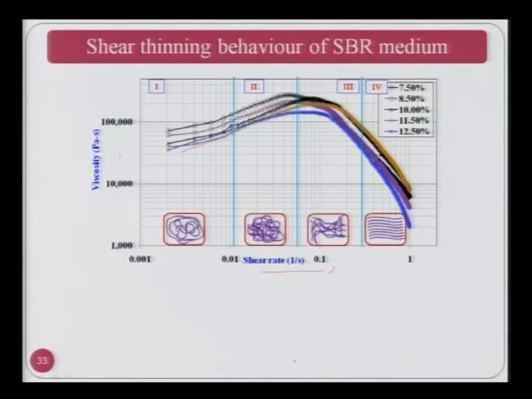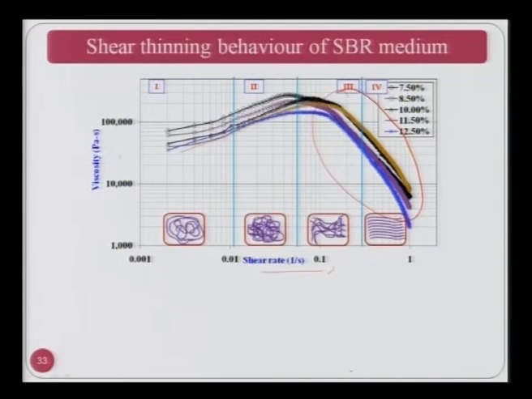Increase of shear rate increases the viscosity, but beyond a certain value of shear rate, it starts decreasing. That means shear thinning behavior starts taking place in this region, and this is able to explain many experimental results obtained in abrasive flow finishing as well as rotary abrasive flow finishing.